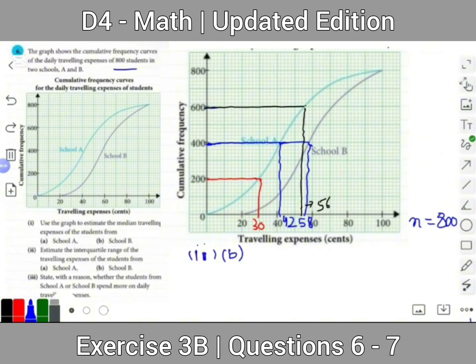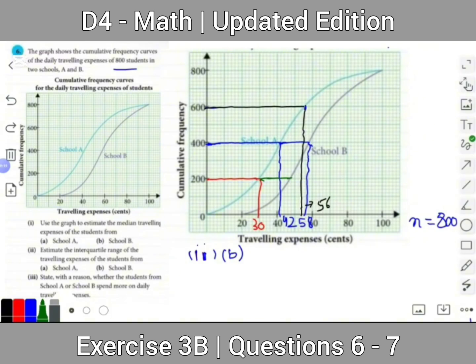now we have to find out the estimate of the lower quartile from the cumulative frequency curve representing the school B. So from 200, we will extend the horizontal line to the curve B until it intersects the curve.